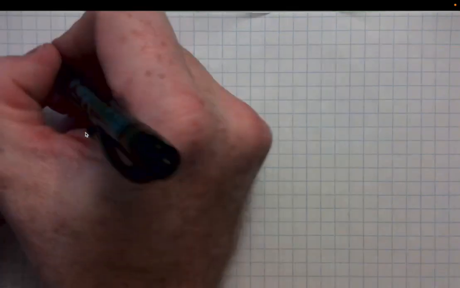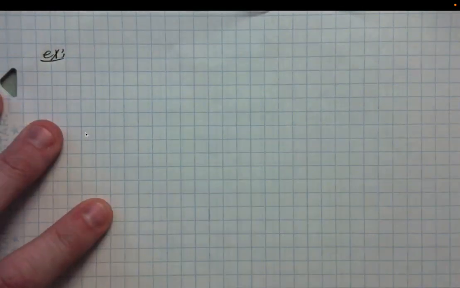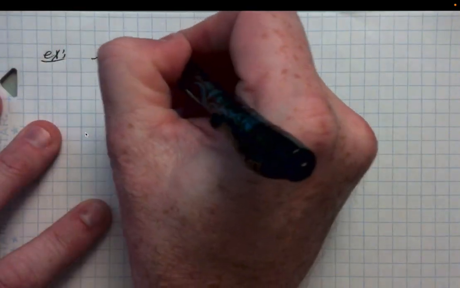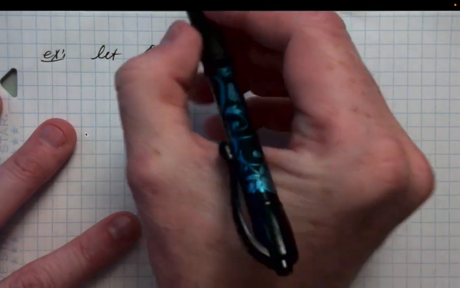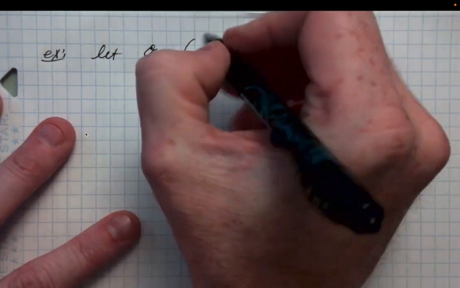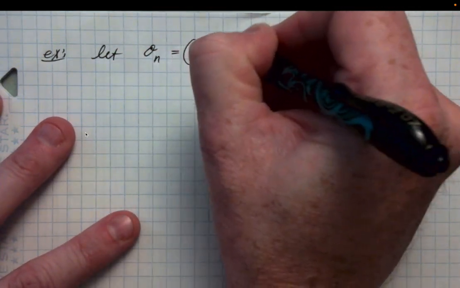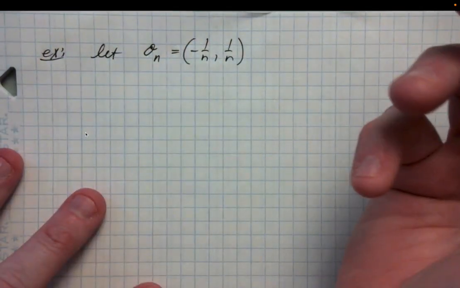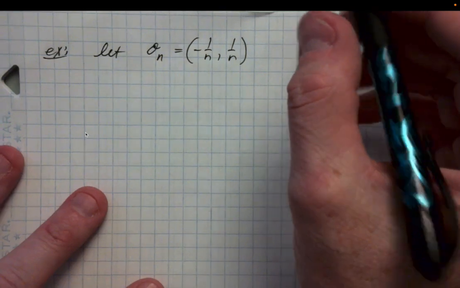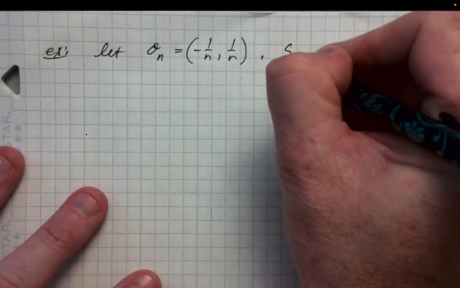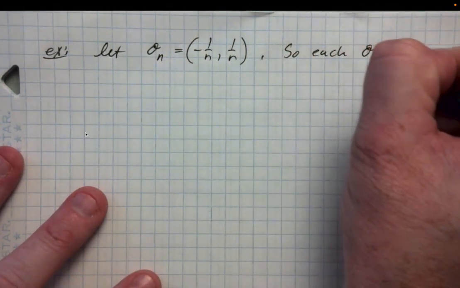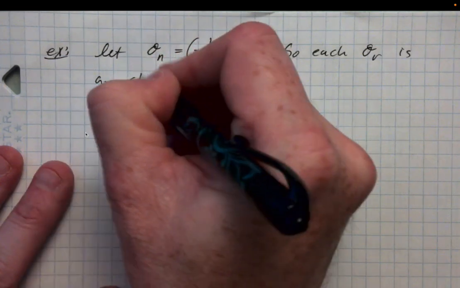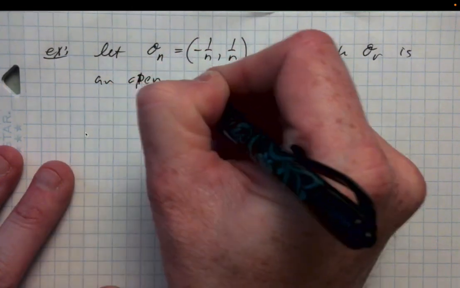Let's do an example. This is a good example. Let O sub n, this is an open set, equal the interval negative 1 over n to 1 over n. This is an open interval, as you can see, so each O sub n is an open set.